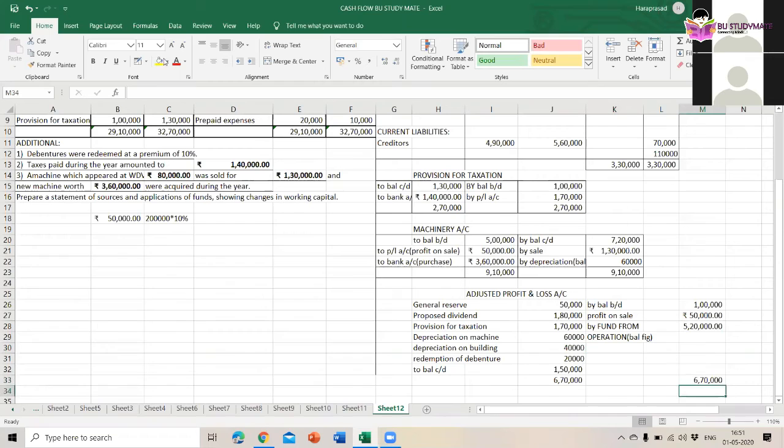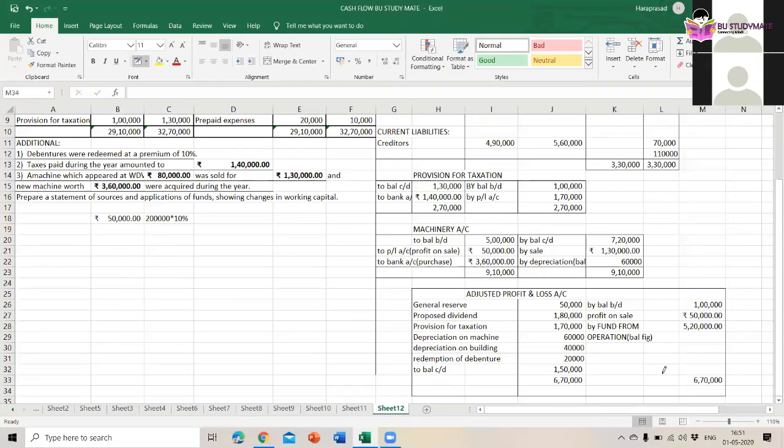₹6,70,000. Okay. We have completed the adjusted profit and loss account. Now the last thing is we have to prepare the statement of sources and application.